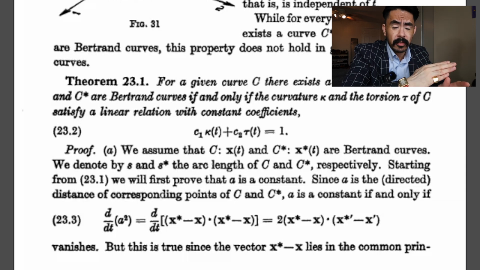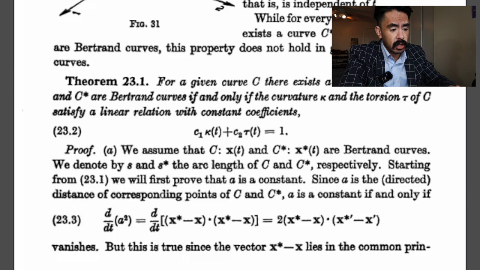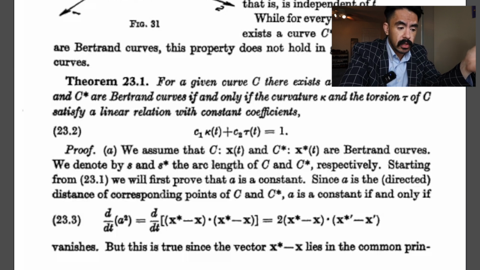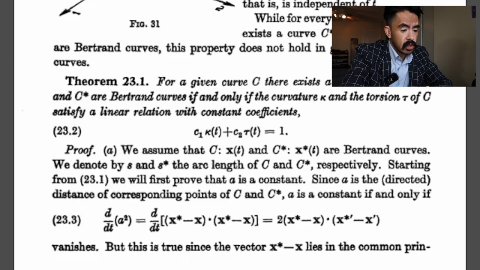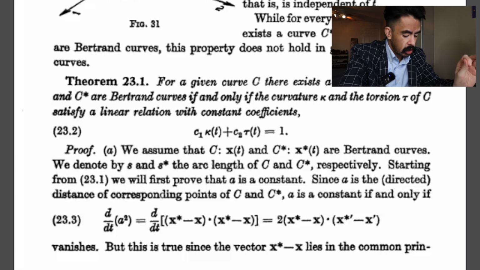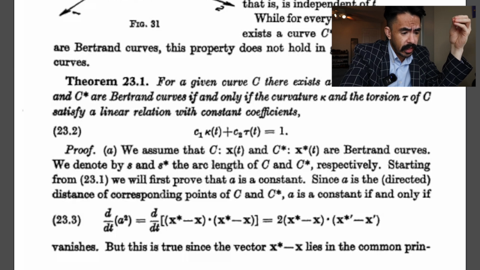And then as a little bit of a hint, we're going to go from that definition to derive the relation C1 kappa of t plus C2 tau of t equals 1. We denote by S and S star the arc length of C and C star respectively.